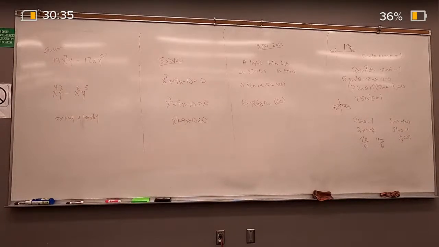So y is positive 1 only at 2 pi and 0, because it's only positive in one spot, the beginning and the end of the circle. Oh, that's the reason, because I keep doing cosine as x.